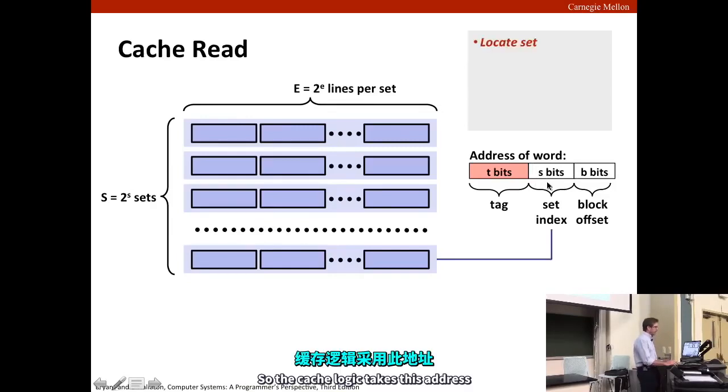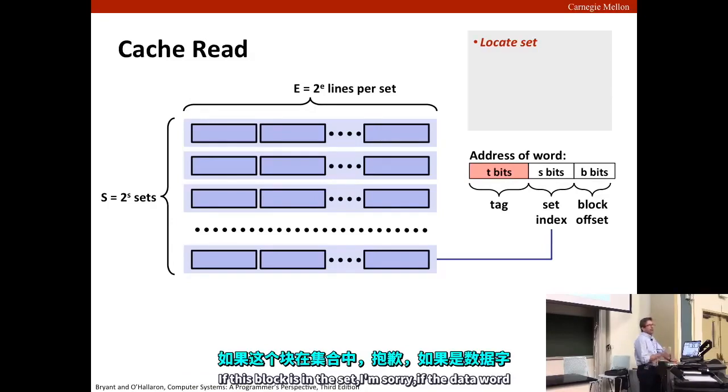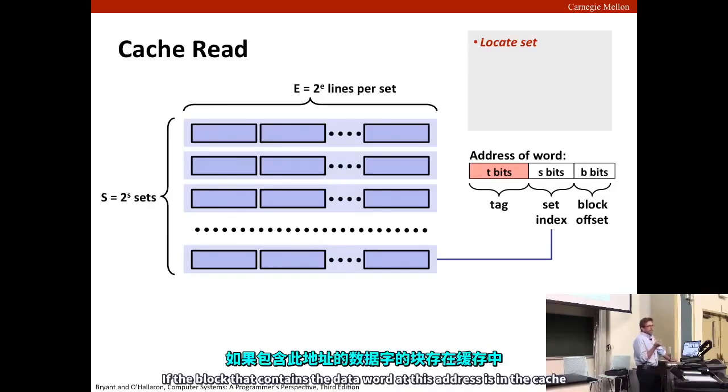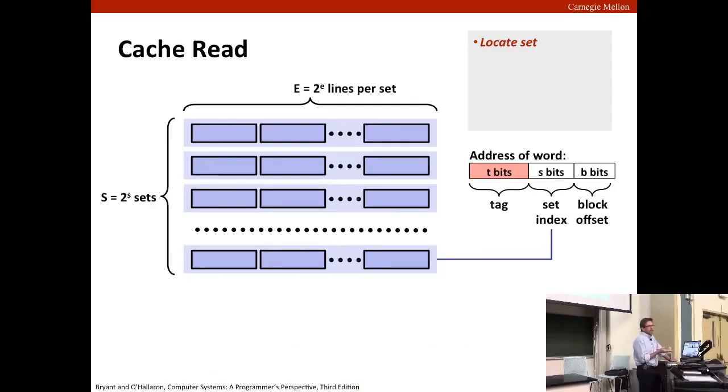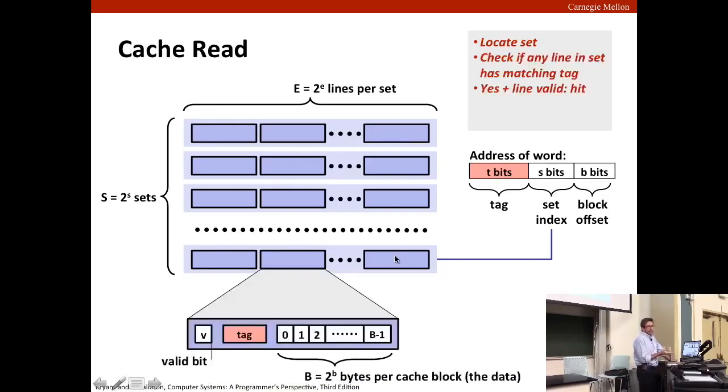So the cache logic takes this address, and it first extracts the set index and uses that as an index into this array to identify the set. If the block that contains the data word at this address is in the cache, it's going to be in the set denoted by the set index.